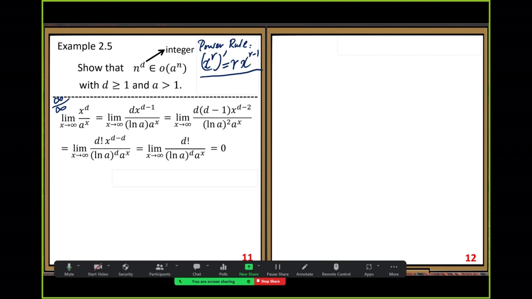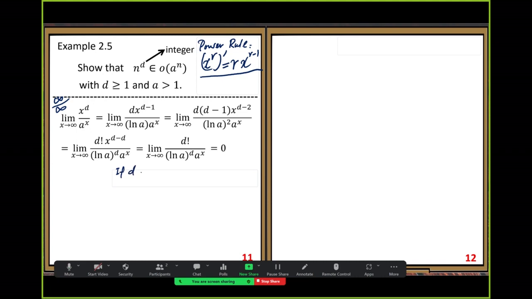Then there is the remaining part, just a little more work. This time we need to assume d is not an integer.